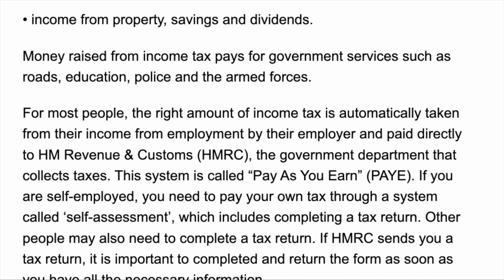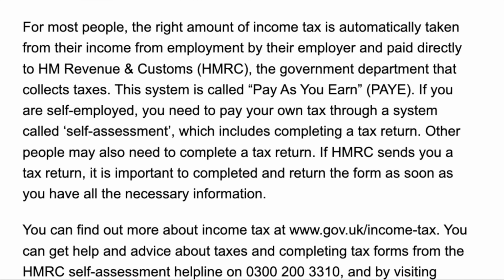Money raised from income tax pays for government services such as roads, education, police, and the armed forces. For most people, the right amount of income tax is automatically taken from their income from employment by their employer and paid directly to HM Revenue and Customs, HMRC, the government department that collects taxes.